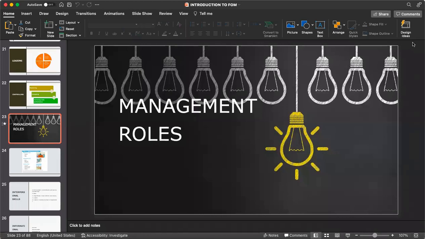Each and every department and team is fixed with their roles and responsibilities, and according to that they need to adhere and perform. So the management role is nothing but the behavior expected of a manager, and that behavior will define your role.